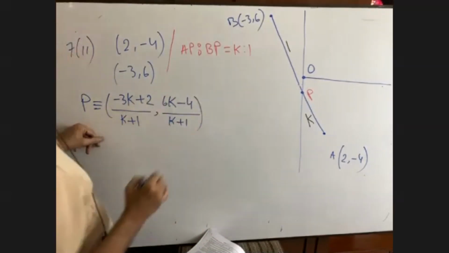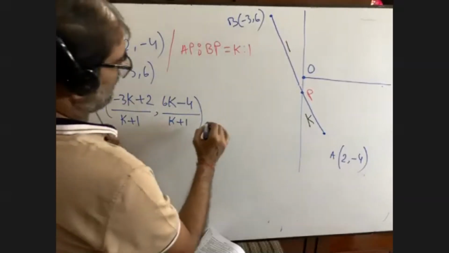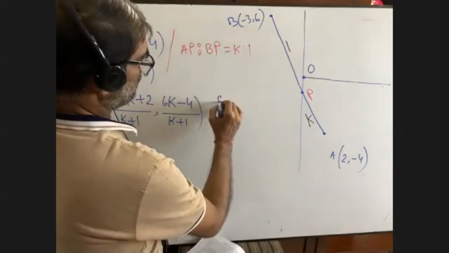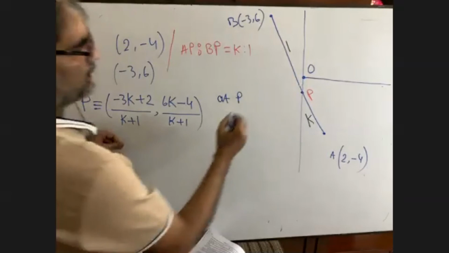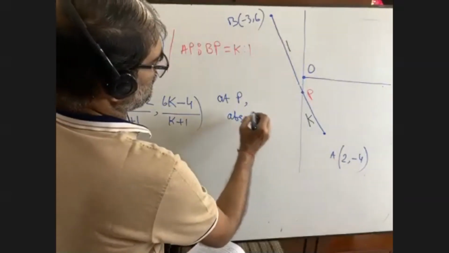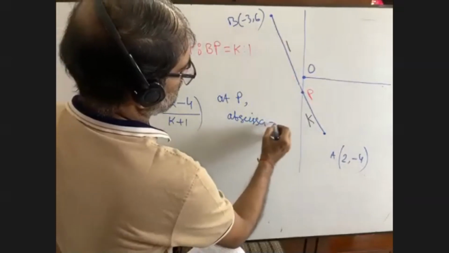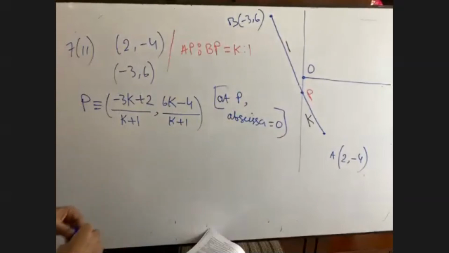K plus 1. At P, the abscissa is 0, right? X is 0. Yes, sir.